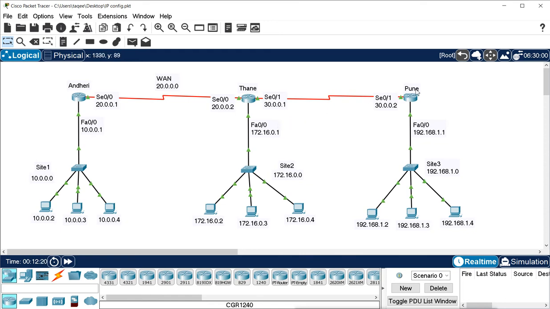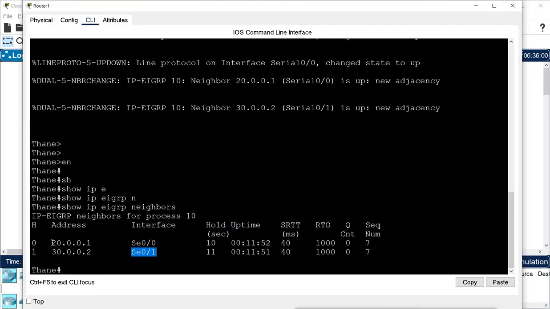The other one is Pune, which is connected from serial 0/1. And these are the IP addresses of these routers, 20.0.0.1 here and 30.0.0.2 here for this Thane router. This is the host sequence number. There are only two here, so 0 and 1. This is the hold down timer, and the sequence of packets which are exchanging between these two routers.